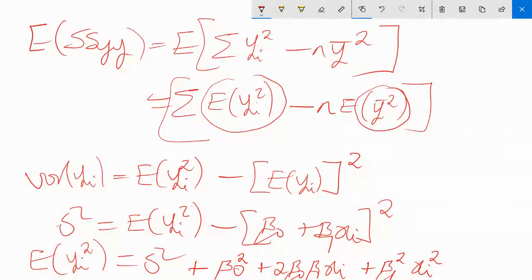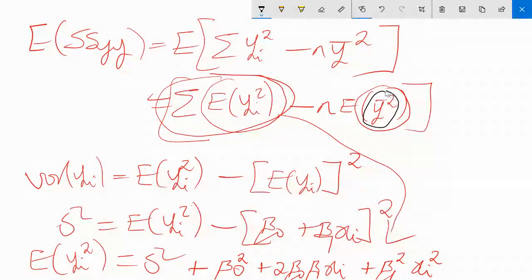So now we know the answer for this comrade here. We know the answer for this comrade. It's here. Don't forget it as well. If you are copying, then make sure that you have copied it. Now I want to find the expected value of y bar squared.